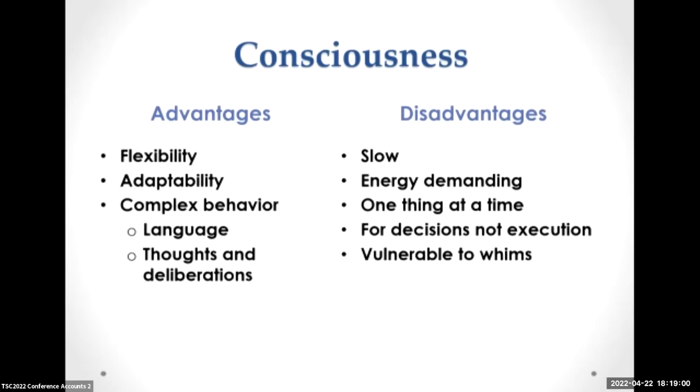We may shift between different tasks, but unlike the non-conscious nervous system, you can only take on one thing at a time, while the unconscious system can deal with lots of issues simultaneously. So it is for decisions, but not for execution of these decisions.